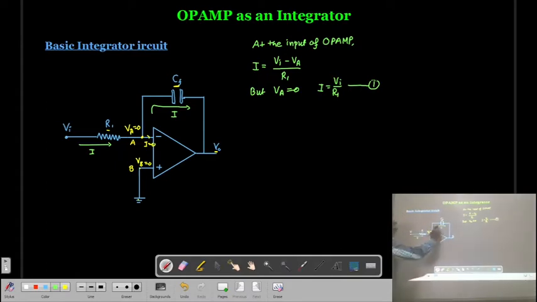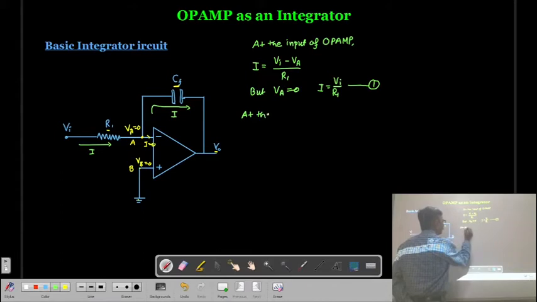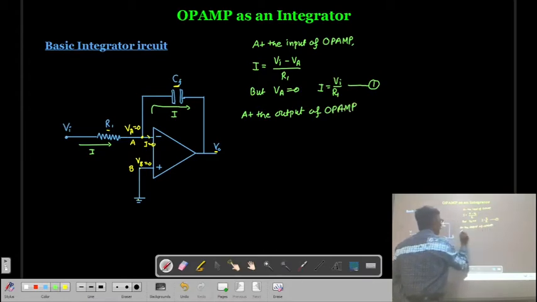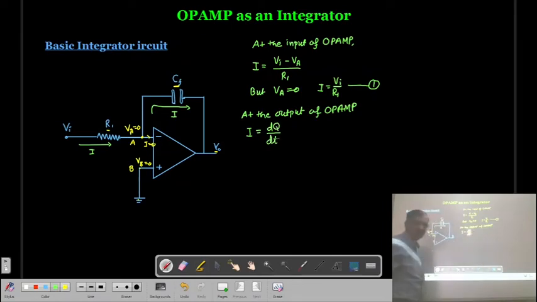Now we will discuss the current passing through the capacitor CF. So at the output of the op-amp, I can write the current I, and according to the basic definition of current, I is equal to dQ by dt. And what is Q?